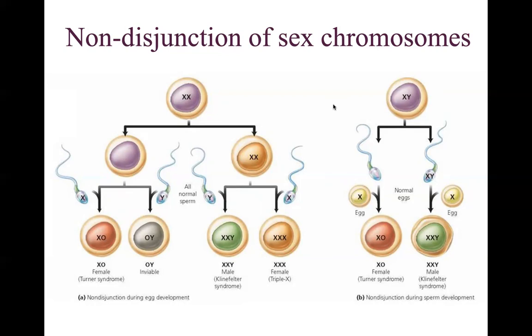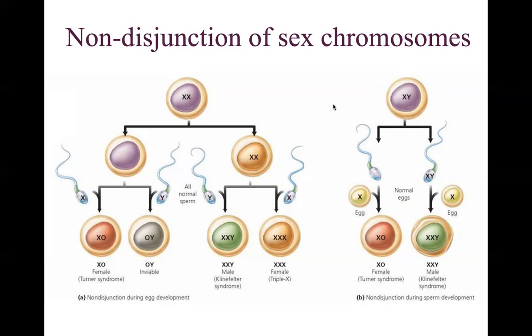Remember what Mendel said? Mendel said that we would have equal segregation, that each one of the sperm or the egg being produced would get one copy of the chromosome.